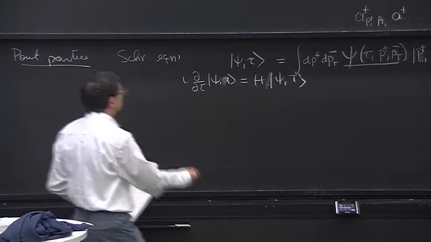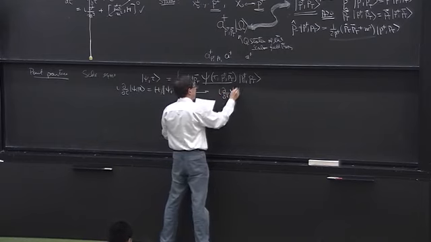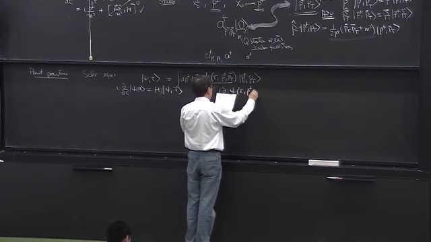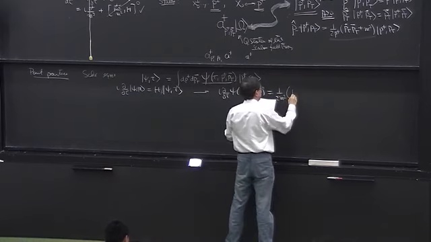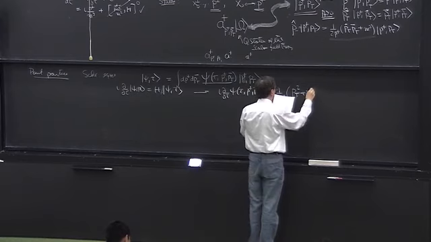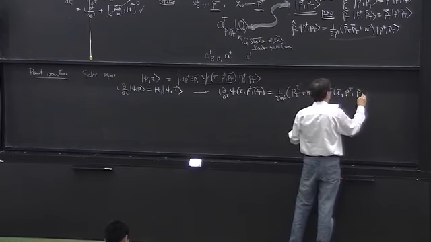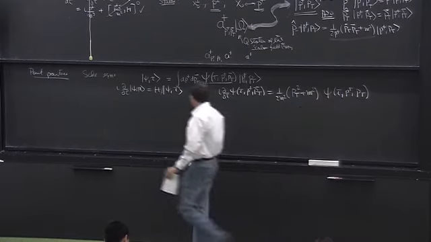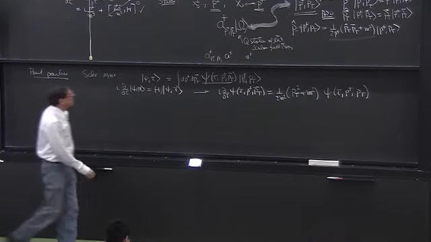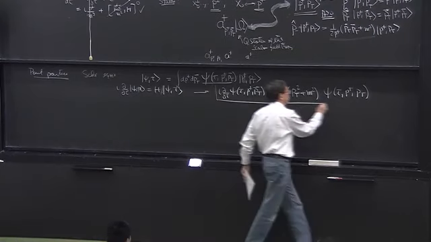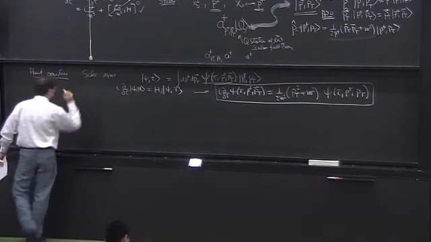So from this equation, we get i d/dτ of ψ(τ, p+, p_T) equals 1 over 2m (p_T² + m²) ψ(τ, p+, p_T). So you should do it, but it's sort of clear, and that makes sense. This is the Schrödinger equation for the relativistic point particle.